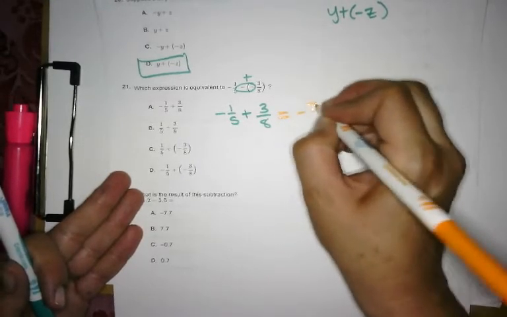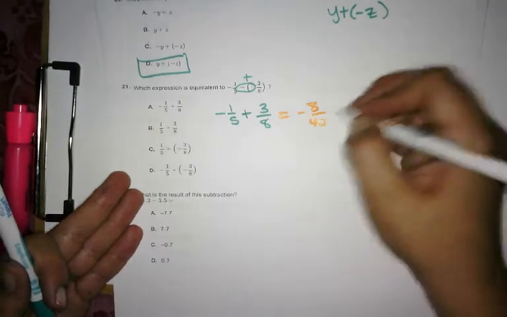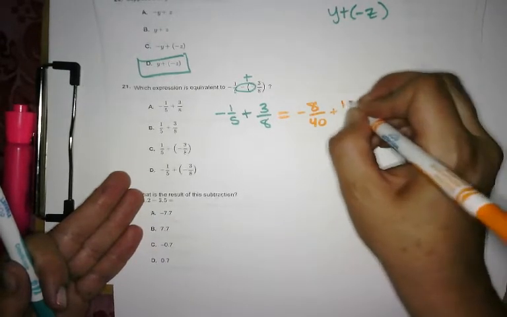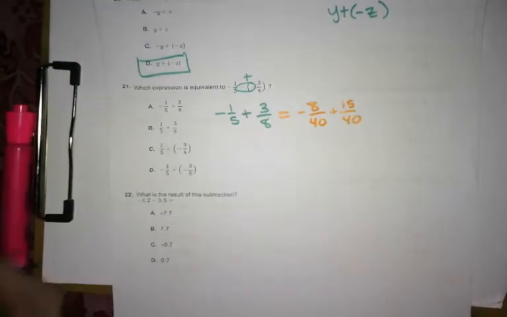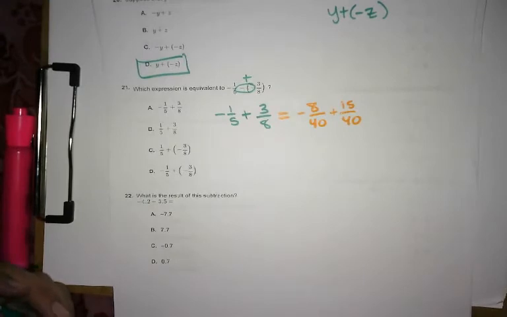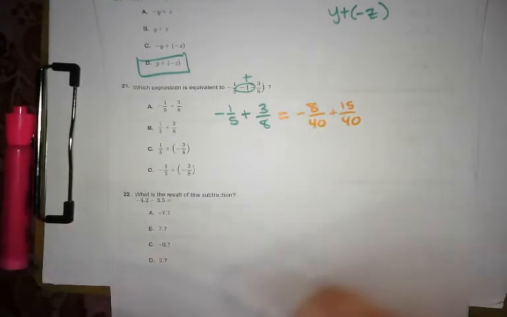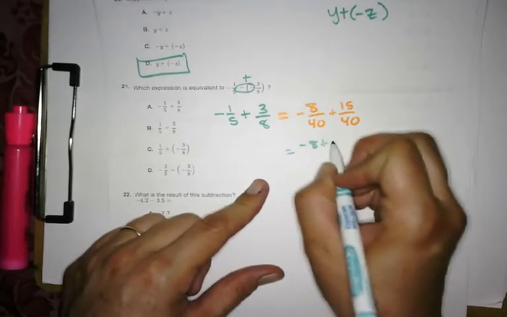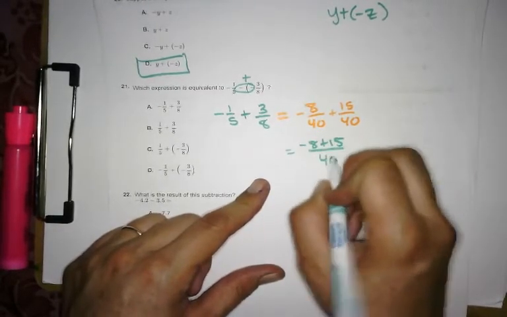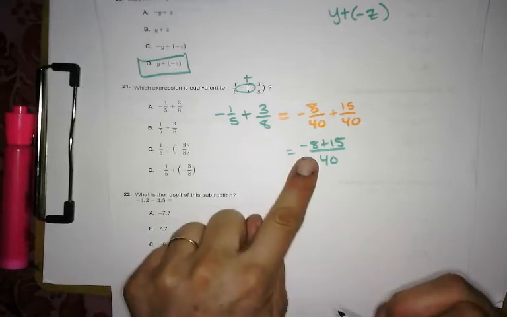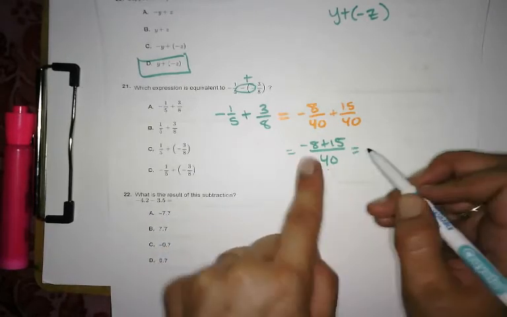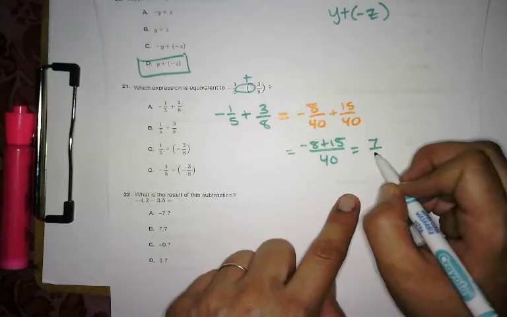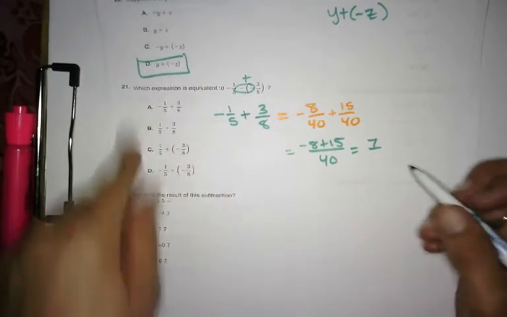So you'd get negative 8 over 40 plus 15 over 40, if I use 40 as a common denominator. So really I'm saying negative 8 plus 15. So this is negative 8 plus 15 over 40. So you just have to solve that, because right there it's going to have the same denominator. So negative 8 plus 15 is 7. Oh, nice. Okay, so I get all this over here.